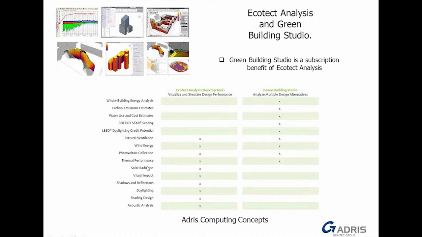What we're going to be looking at today are some of the other tools that enable you to perform other analysis within Ecotect, i.e. shadows and reflection, daylighting, shading design, and acoustic analysis.